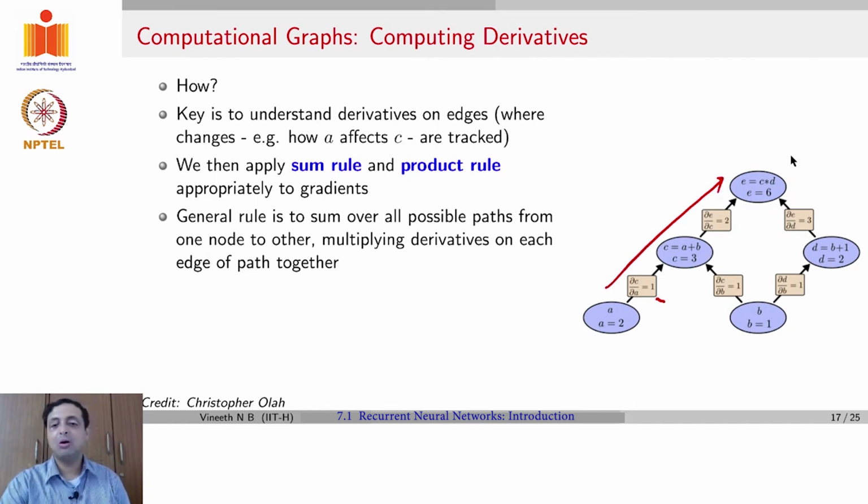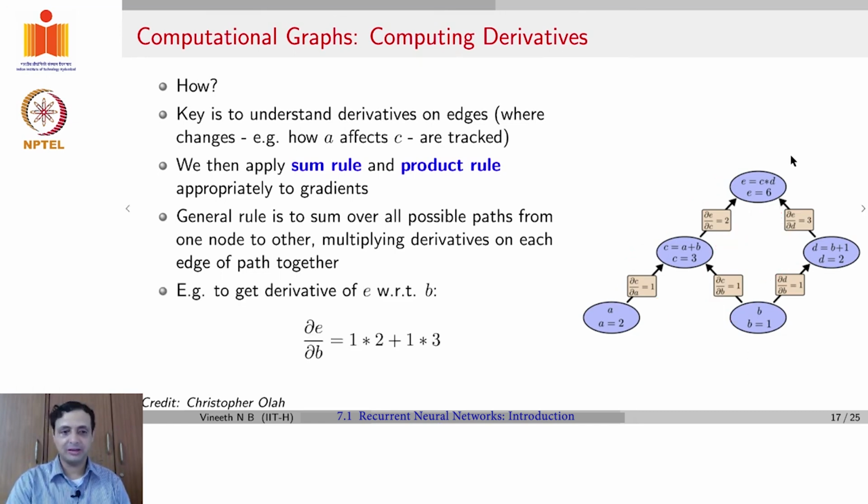You multiply all the gradients that are on that path. So in this case, it would be 1 into 2, and that gives you the gradient of ∂E/∂A. Similarly, if you had to compute ∂E/∂B, you would have to consider all possible paths that take you from B to E. You multiply the gradients in each of these paths and add up both these paths' contributions, and you'll get your final gradient.